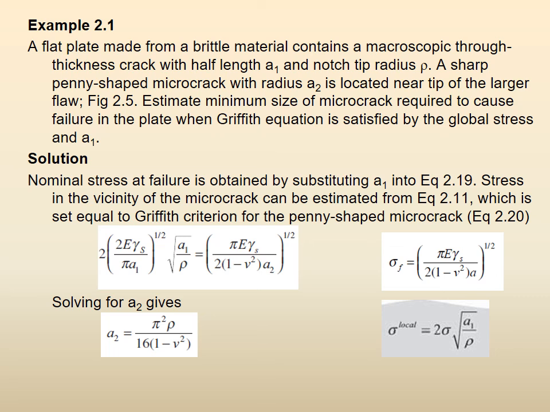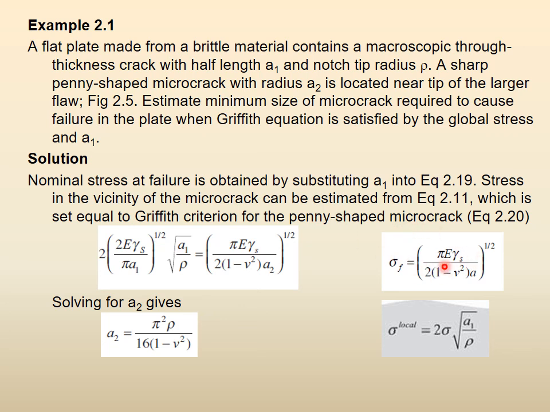So there are two things in the previous diagram: the local stress is given by this equation, but because we have a penny shaped crack, therefore this equation was there, for the penny shaped crack.